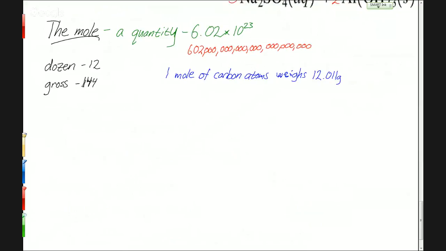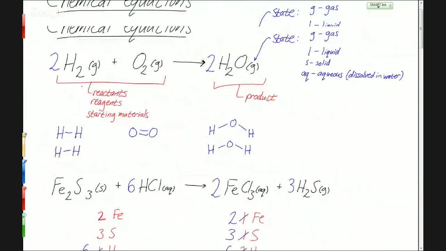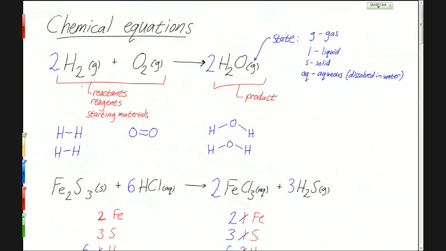So when we deal with chemical quantities, we're going to deal in moles, because that's a way that we can actually measure and we can actually count them rather than individual atoms. So if we go all the way back up here to our first reaction that we looked at, this hydrogen reacting with oxygen to make water, the reason we have to deal with these moles is because in a chemical reaction, molecules react with molecules by a count.